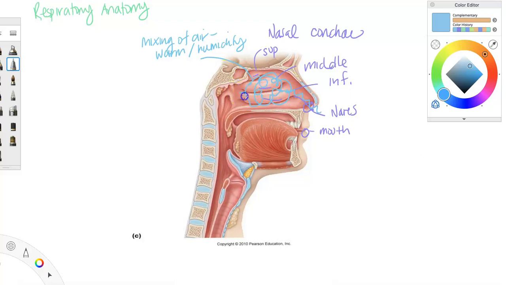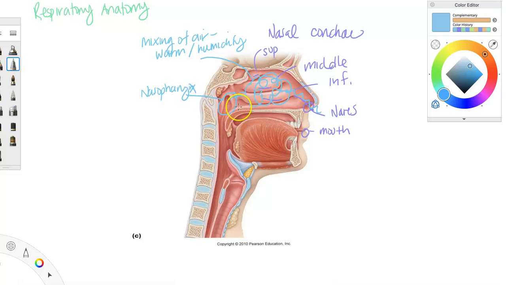And as it comes back, it enters the nasopharynx. There we have three pharynxes, and the top one, just up in here, is the nasopharynx.